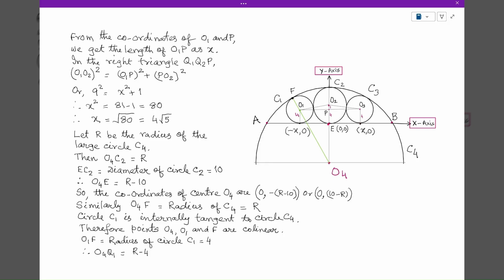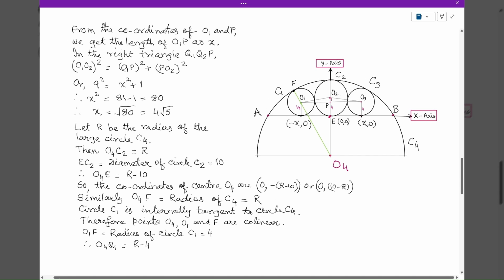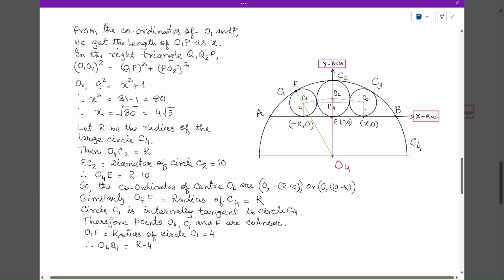O4E, that is O4 up to E, will therefore be R minus 10. This is R minus this is 10. So the coordinates of the center O4 are (0, -(R - 10)), or (0, 10 - R).